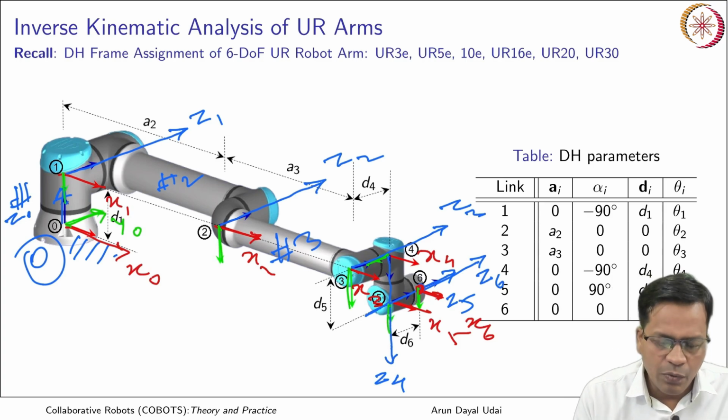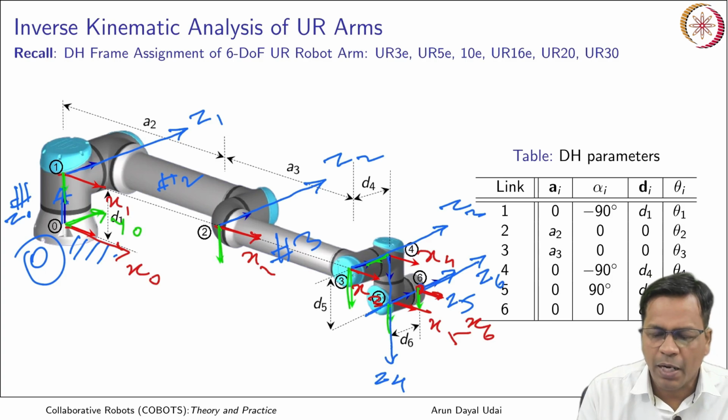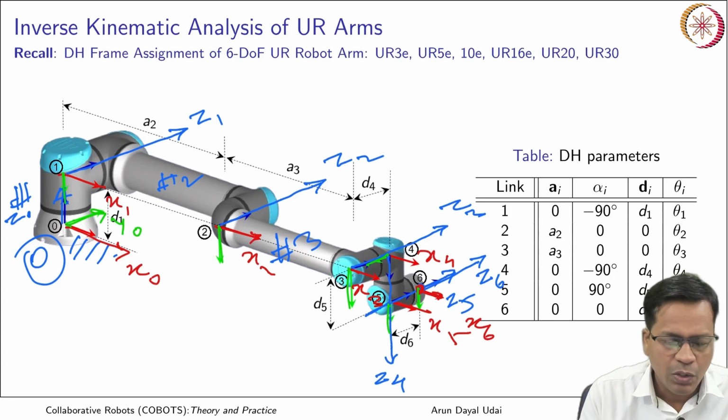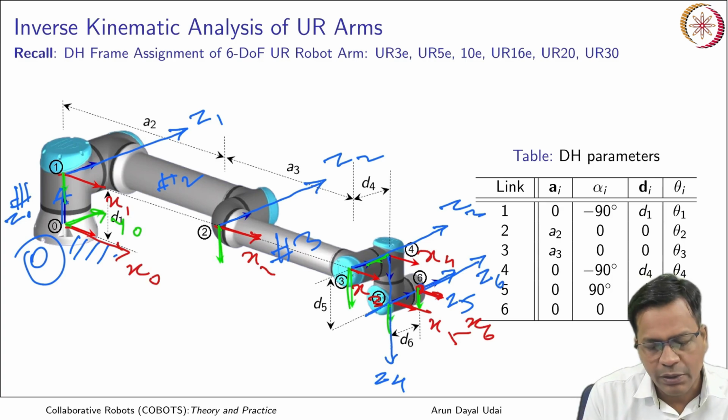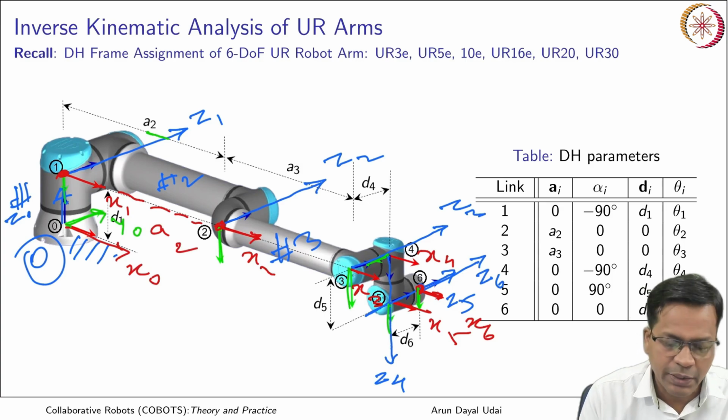Now you have DH parameters that will go like this. The perpendicular distance between two z axes, the common normal, should be your x axis. From here to here this is your a2. Distance measured along the z axis is your d, the joint offset.